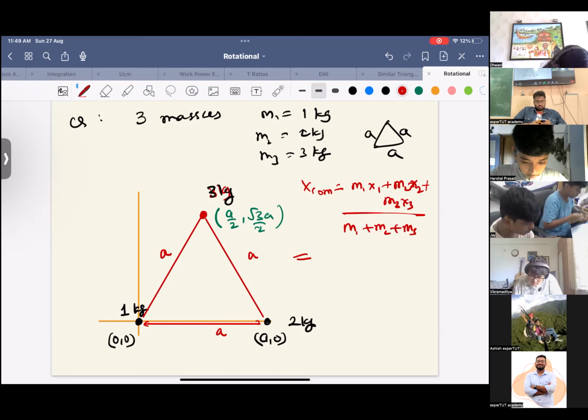A by 2 comma root 3 A by 2, let's form B by 2.